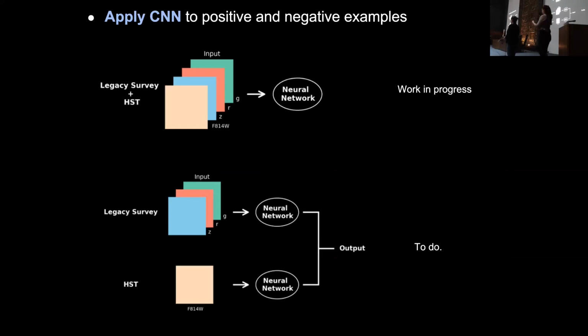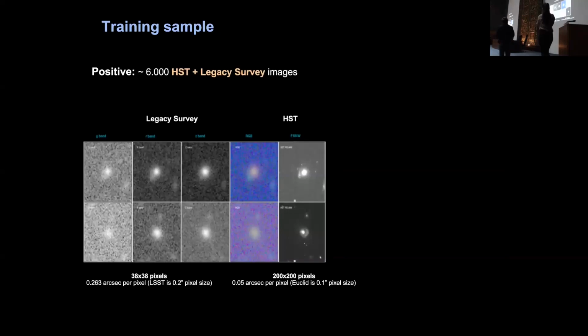Yes, here I'm using the Legacy Survey, which simulates LSST, so the pixel size is more or less the same across the images, while for the high resolution, which is HST, we have 0.05 arcsec per pixel. In Euclid, it's 0.1. I have already seen images of Euclid because we had the early release images, and we have compared some images with HST, and they look pretty much similar.